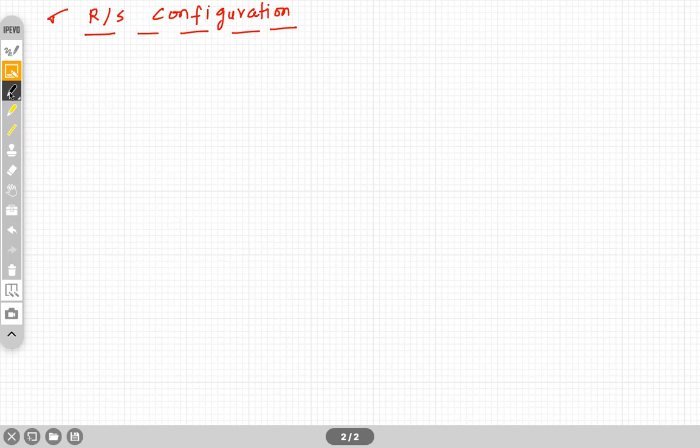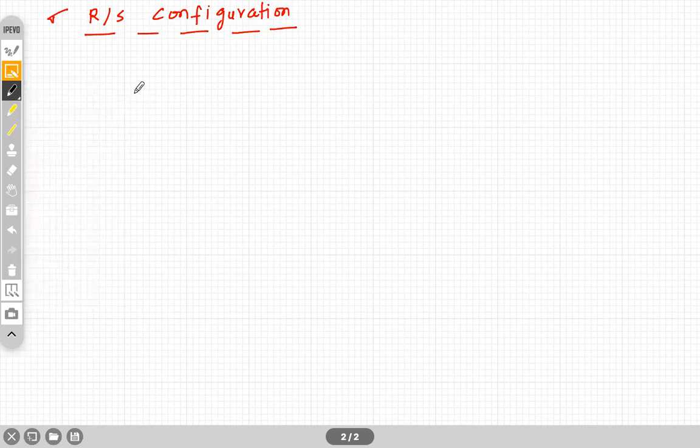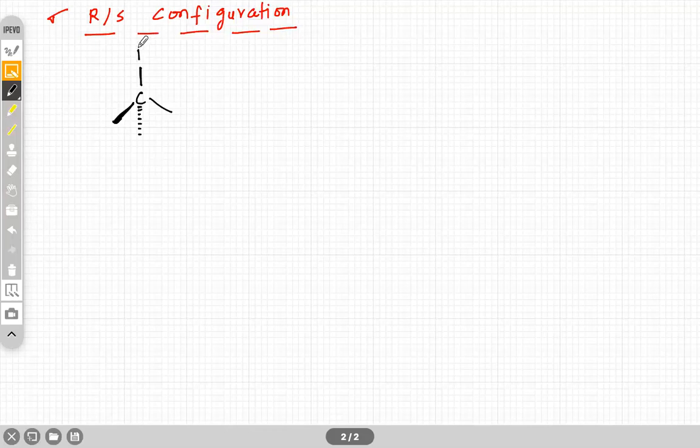For example, let's say I am taking this molecule. Suppose we have P, Q, R, S. I am talking about the wedge dash representation here.